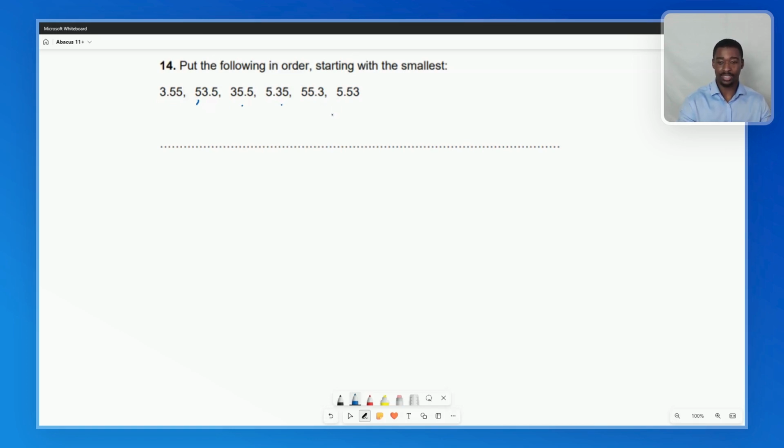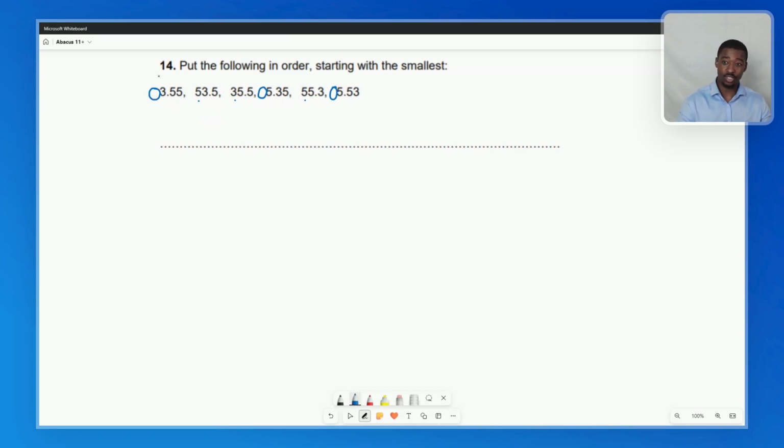So on the left-hand side of the decimal point. Here, we have no tens, 0 tens. Here we have 5 tens, 3 tens, 0 tens, 5 tens, 0 tens. Okay, so smallest is going to be one of these numbers with 0 tens.